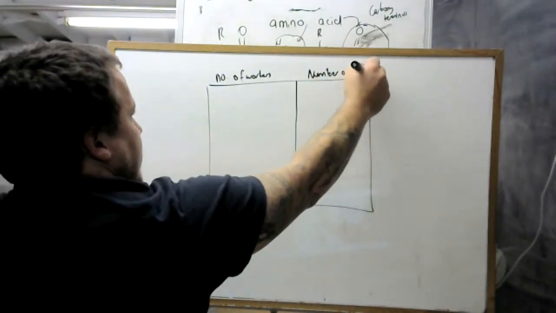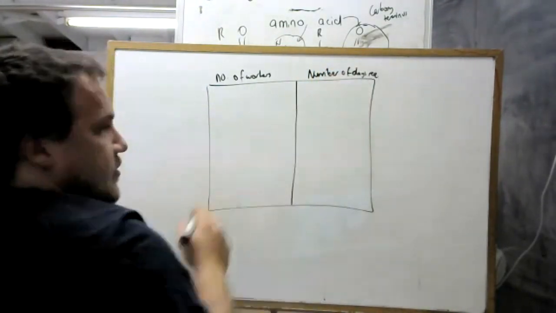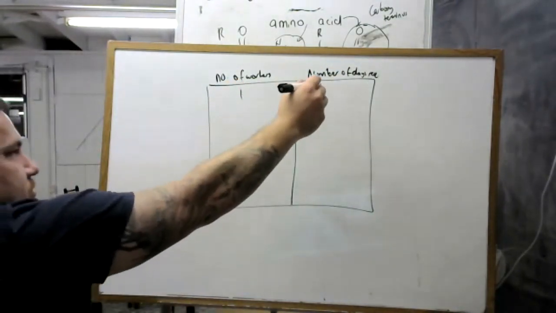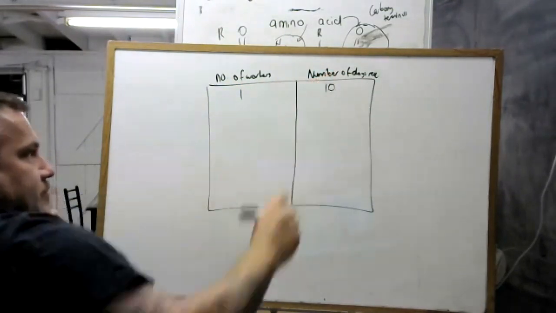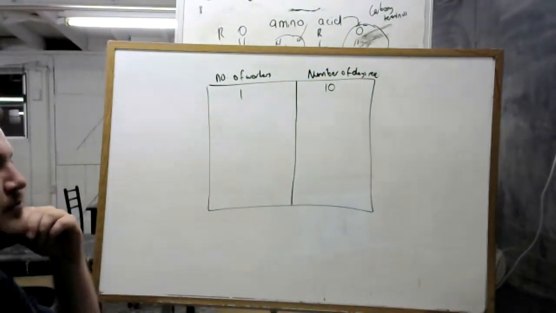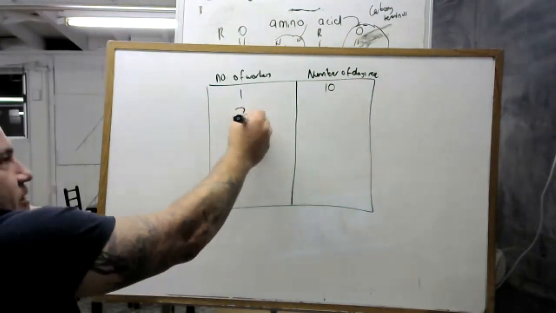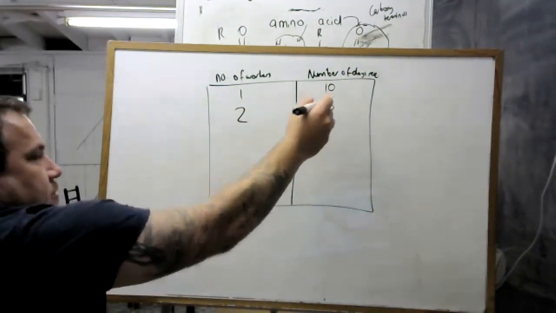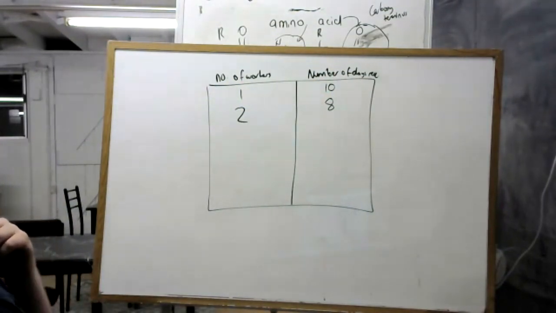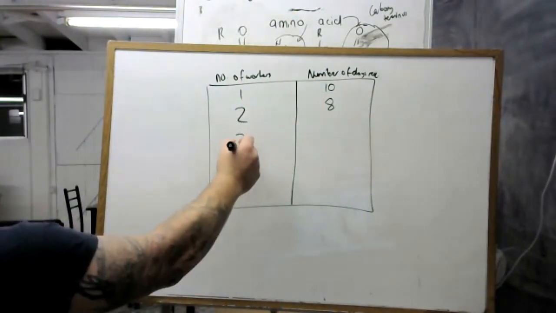Well, for one worker, it could be like, say, 10 days. And then 2 workers could be 8. And then for 3, it could be like 7 maybe.